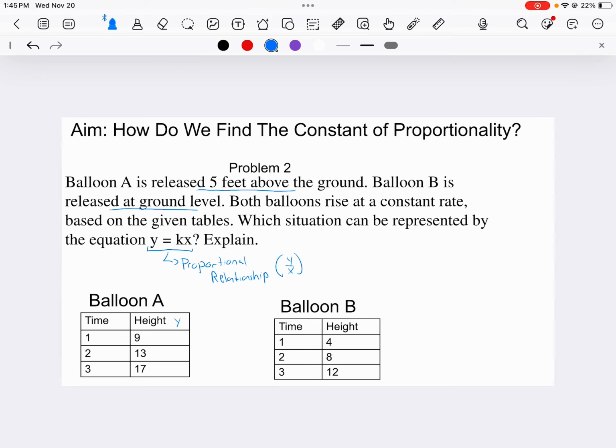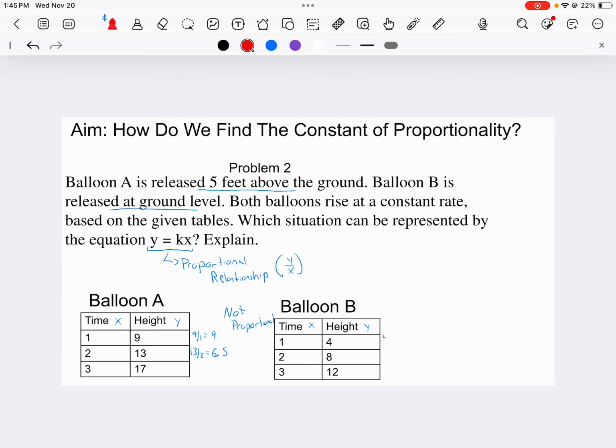Now the height is the y because it depends on the time. So for balloon A, 9 divided by 1 is 9. 13 divided by 2 is 6.5. Since I got two different numbers, I don't need to continue. I just know that balloon A would be not proportional.